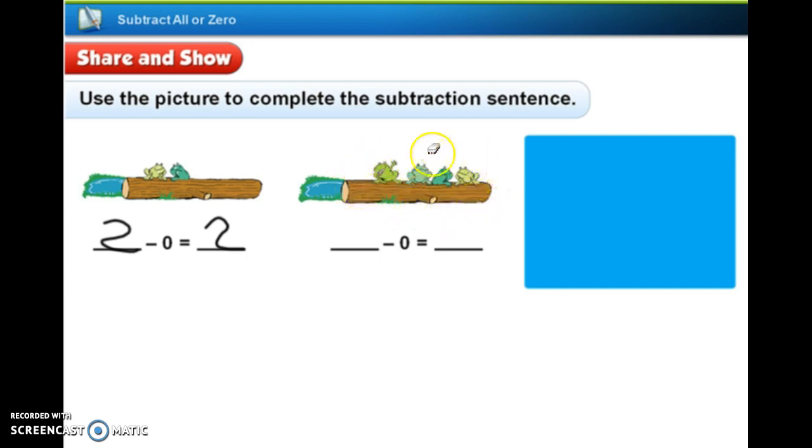How many frogs are on the log? 1, 2, 3, 4. So we started with 4. Did any frogs jump off the log? No, no frogs jumped off the log. So 4 minus 0 equals 1, 2, 3, 4.